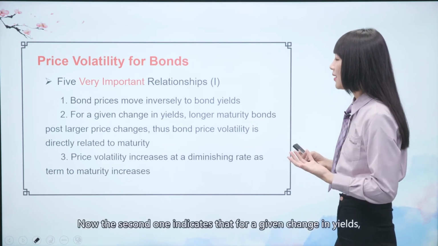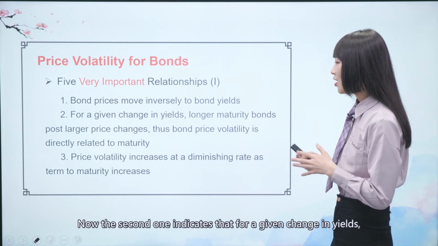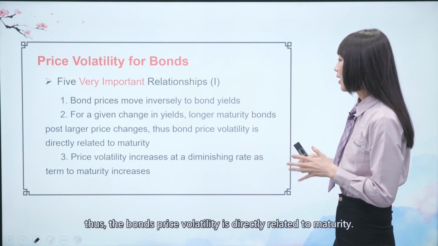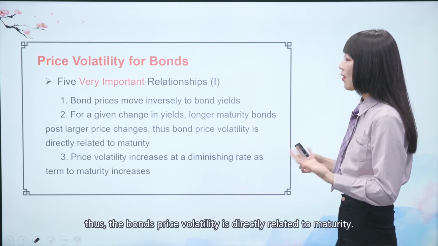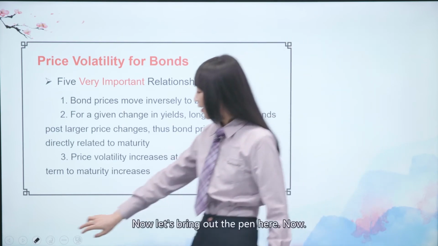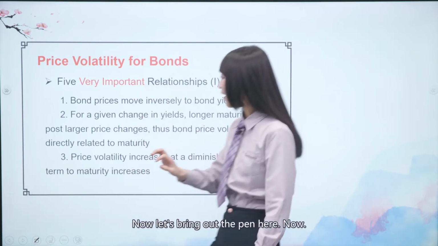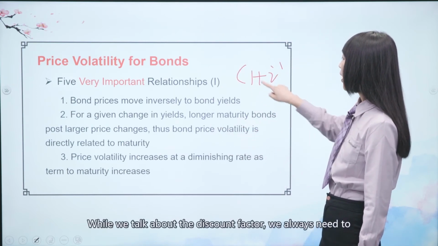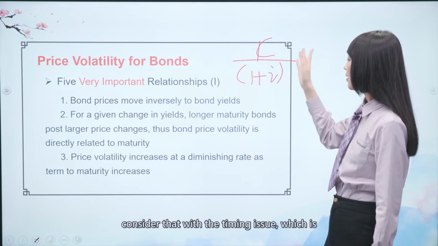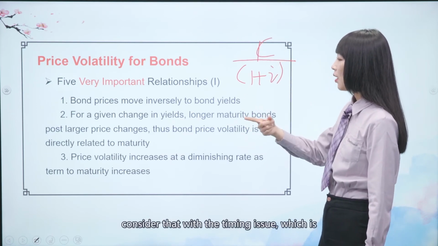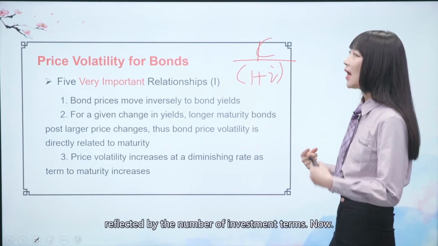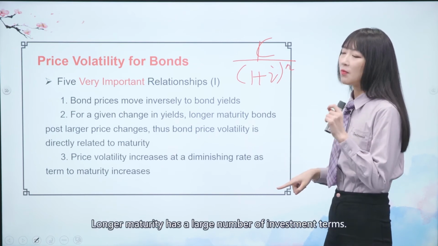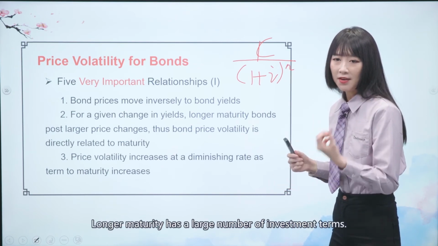Now the second one indicates that for a given change in yields, the longer maturity bond posts a larger price change. Thus, the bond's price volatility is directly related to maturity. Now, let's bring out the pen here. When we talk about the discount factor, we always need to consider the timing issue, which is reflected by the number of investment terms. Longer maturity has a larger number of investment terms.